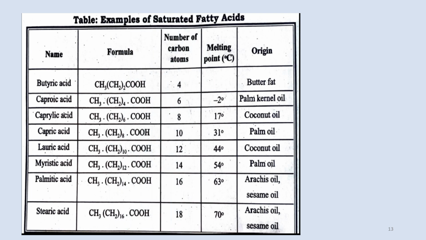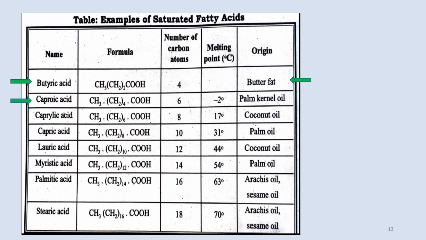When you come to examples of saturated fatty acids, you should know some examples. For example, butyric acid, which contains 4 carbon atoms with a COOH group. You can see the formula, and its origin is butter fat.